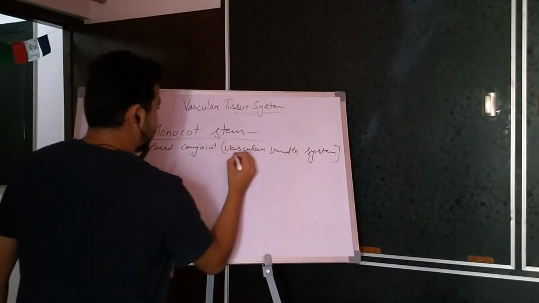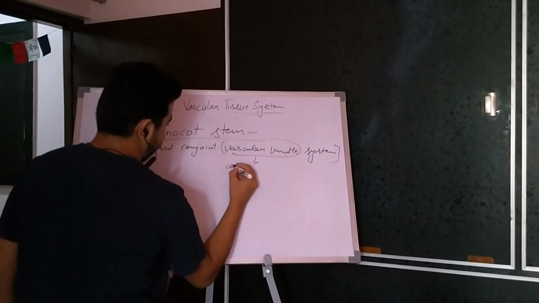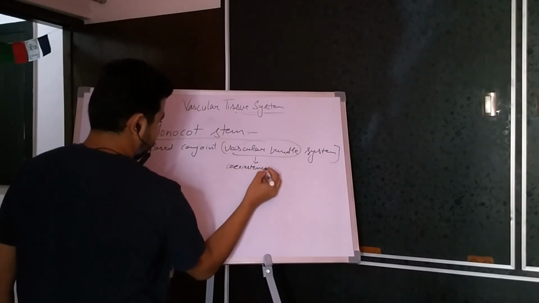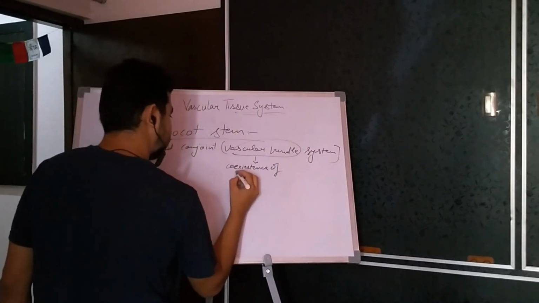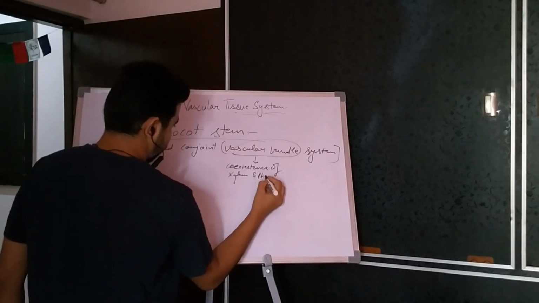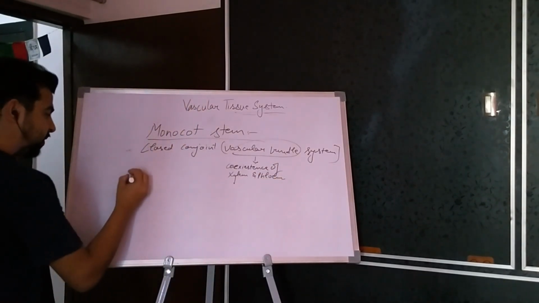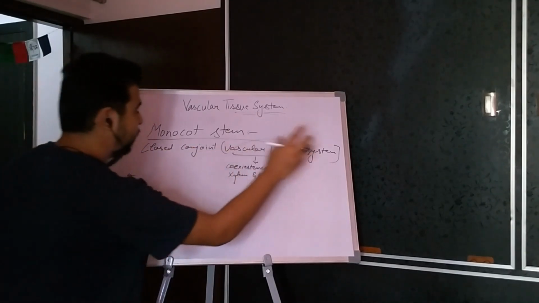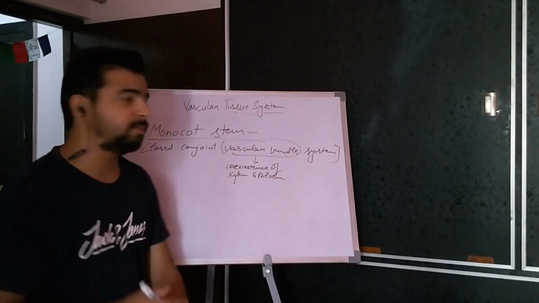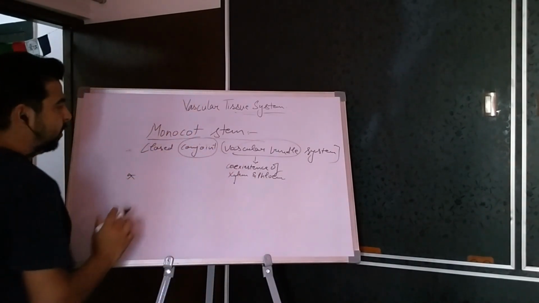Vascular bundle means the coexistence of xylem and phloem. Another important point is that this closed conjoint vascular system is a category of conjoint arrangement.